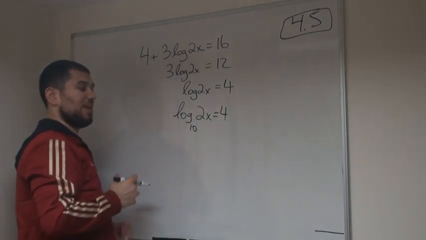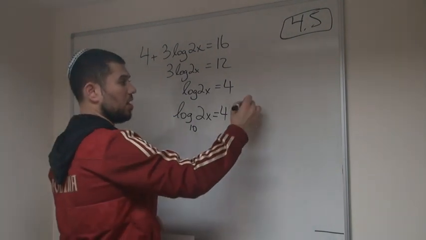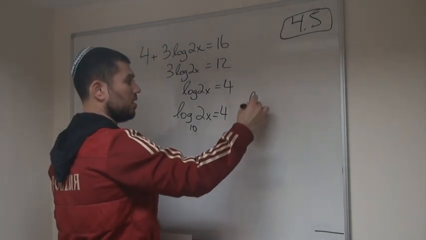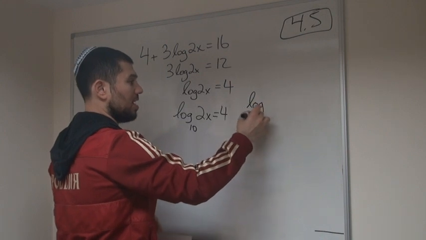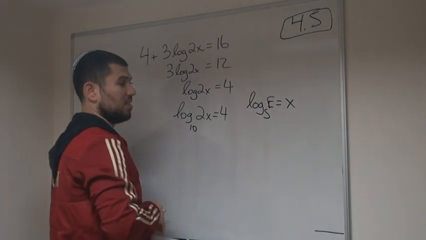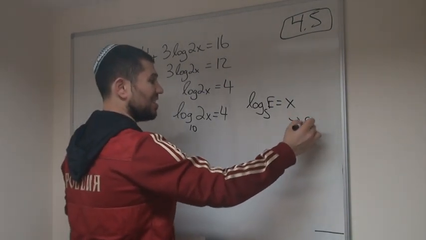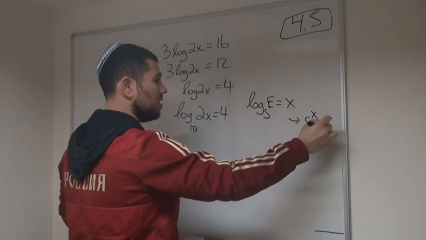Now what I mean by using exponents, I want you to use the definition of log. Remember my not so clean way of remembering it. Log to the s of e is x implies s to the x power equals e.